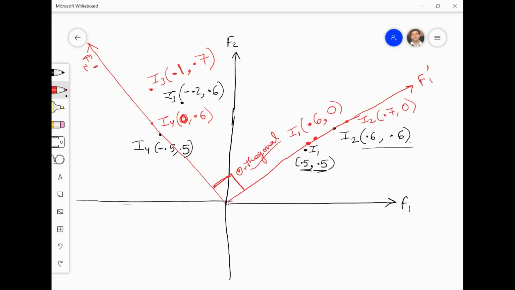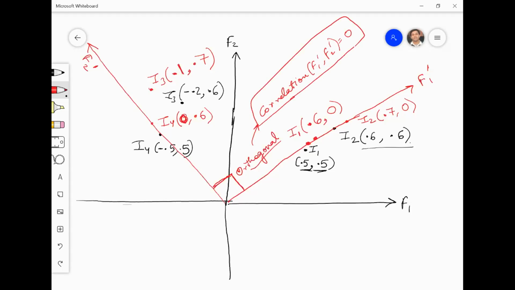Orthogonal rotation means that the angle between the axes remains unchanged, it is kept at 90 degrees. What does this mean? Orthogonality also means that the correlation between the F1 and F2 axes is 0. That means the two extracted factors are uncorrelated with each other.